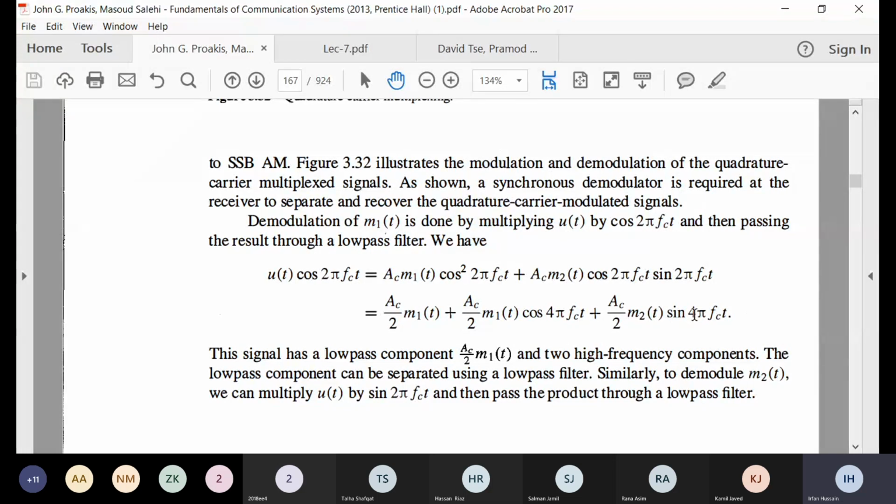So again, this will also be rejected by the low pass filter, hence you will just get AC over 2 M1t. Same thing you can do with the other part of the signal. Instead of multiplying with cos, we multiply with sine. So you get a sine square, which is written as 1 minus cos 2 theta over 2, and hence you can get back the low pass signal, while the other term will be rejected.